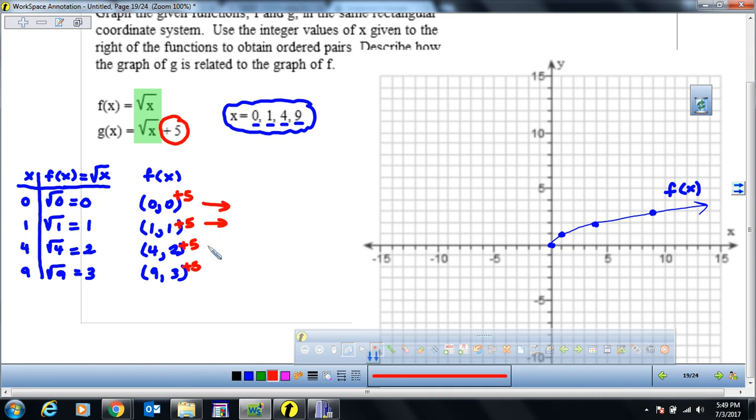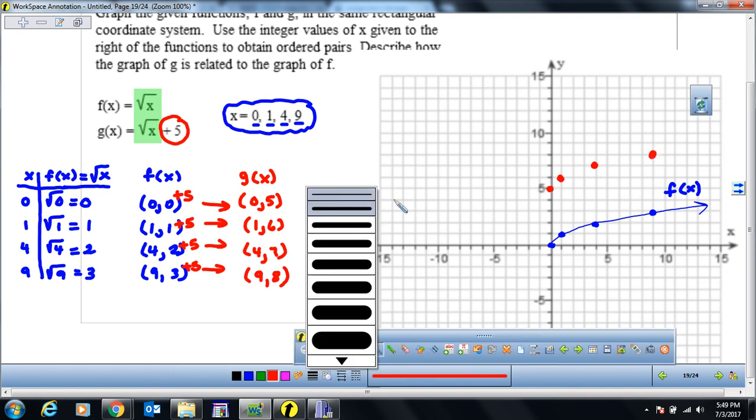So if I add 5 units to all of the y values, then this is going to give me the points for g of x, which are (0, 5), (1, 6), (4, 7), and (9, 8). So let's graph those. (0, 5), then (1, 6), then (4, 7), and the last one is (9, 8).